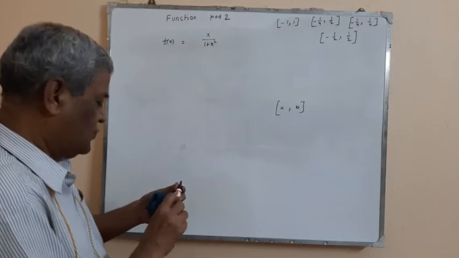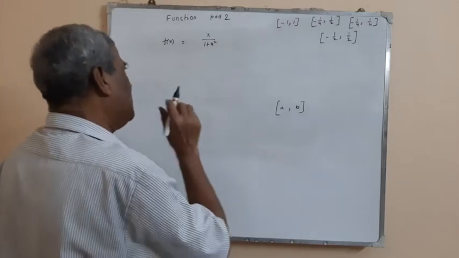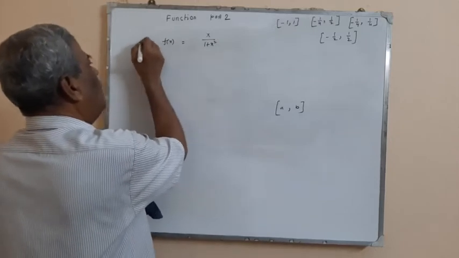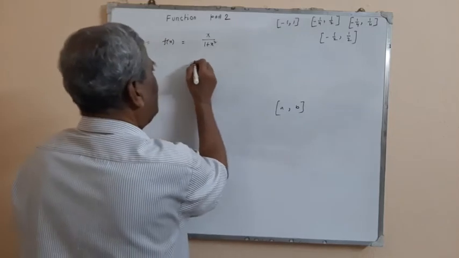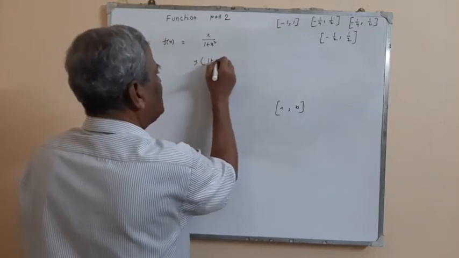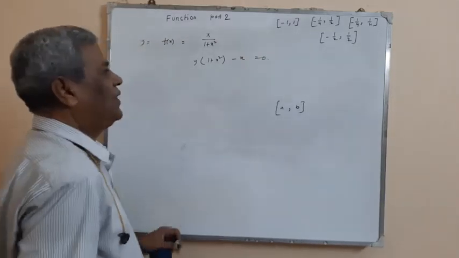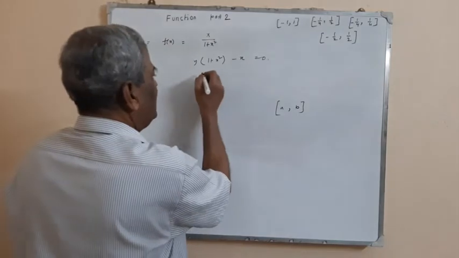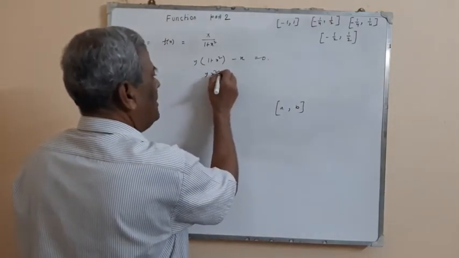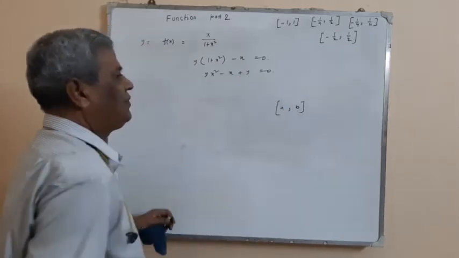In fact, this is a quadratic in x in the denominator. Suppose this is our y. So we get y into 1 plus x square minus x is equal to 0. Now you see it is quadratic in x. So that y x square minus x plus y is equal to 0.